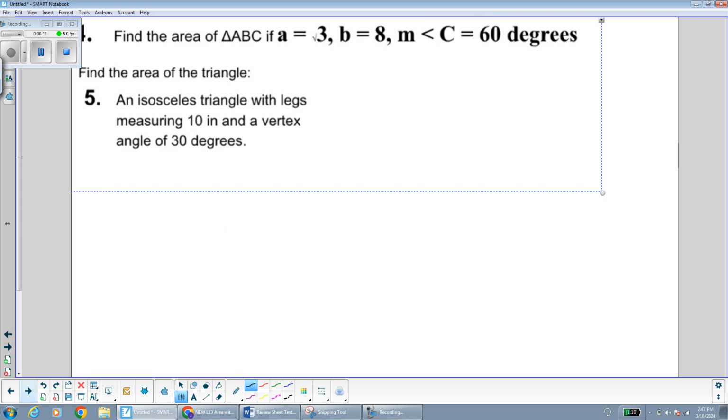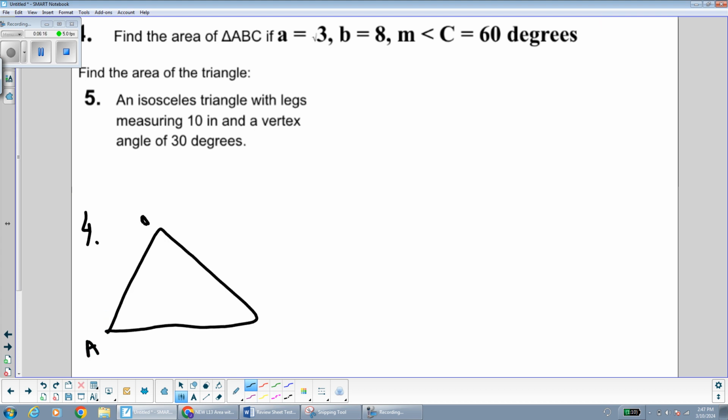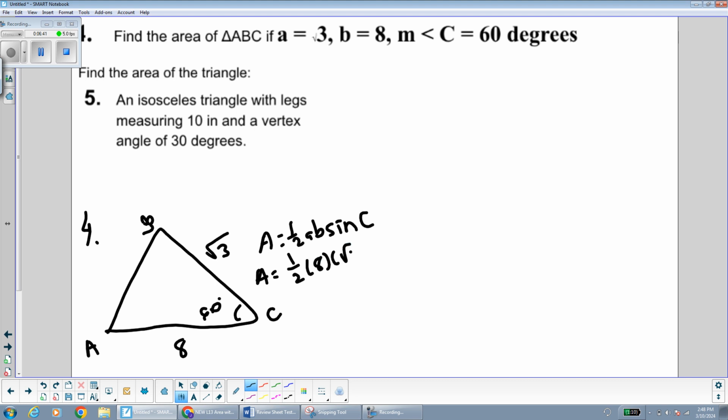Moving on to our next example, we have triangle ABC, and side A is radical 3, side B is 8, and angle C is 60 degrees. So once again, we have two sides with the angle in between. So area is 1/2 AB sine of angle C. So the two sides next to each other are 8 and radical 3, and then the sine of the 60-degree angle that's in between.